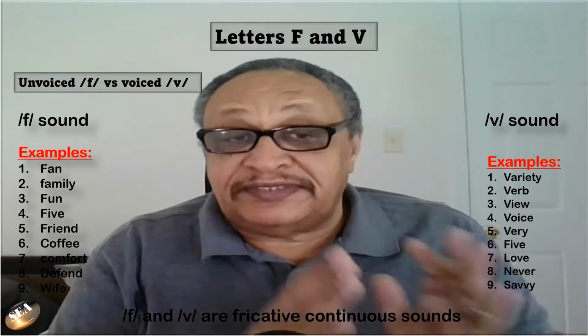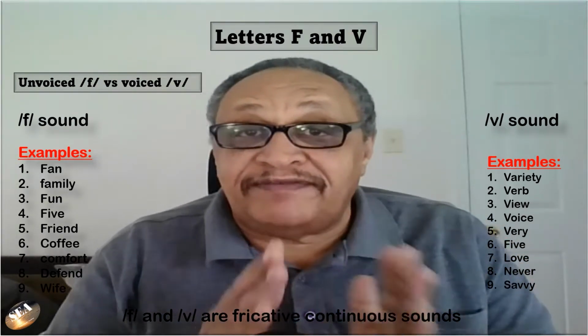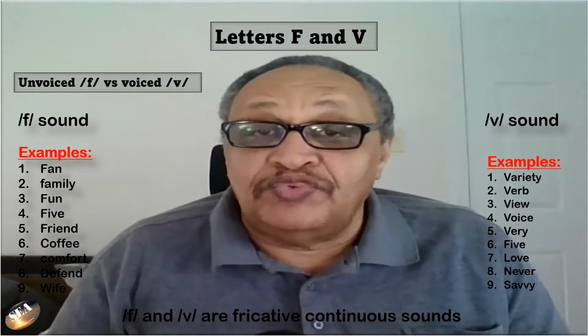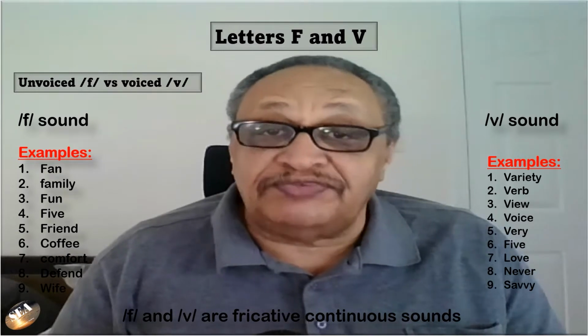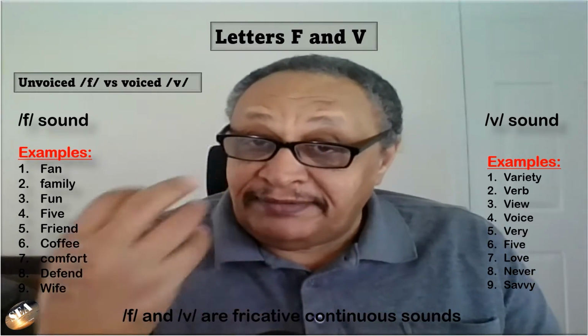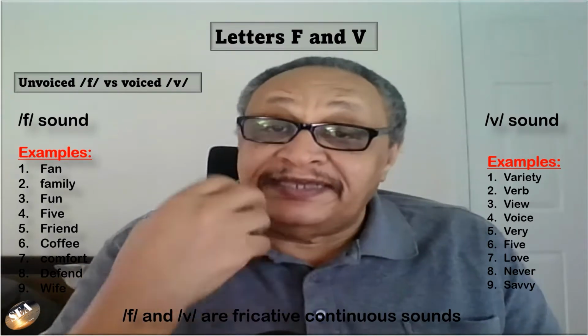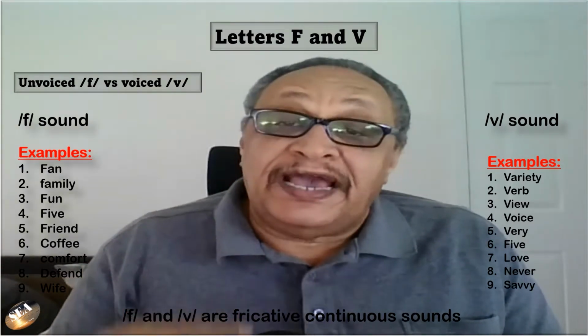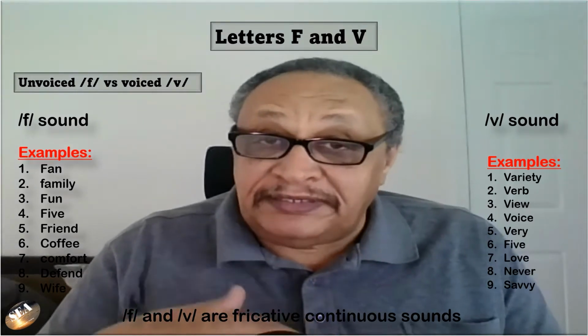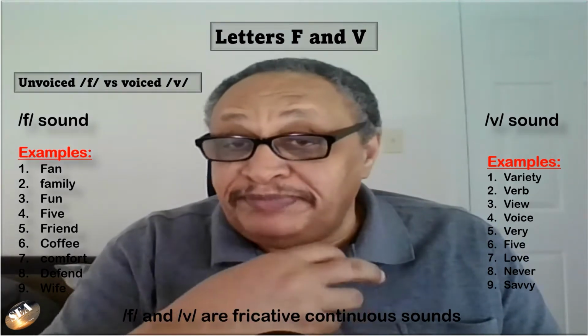The F sound and the V sound are fricative and continuous sounds. What do we mean by this? By this we mean that when they emerge out of your mouth, they make some sort of friction. And why are they continuous? Because they can easily be long.